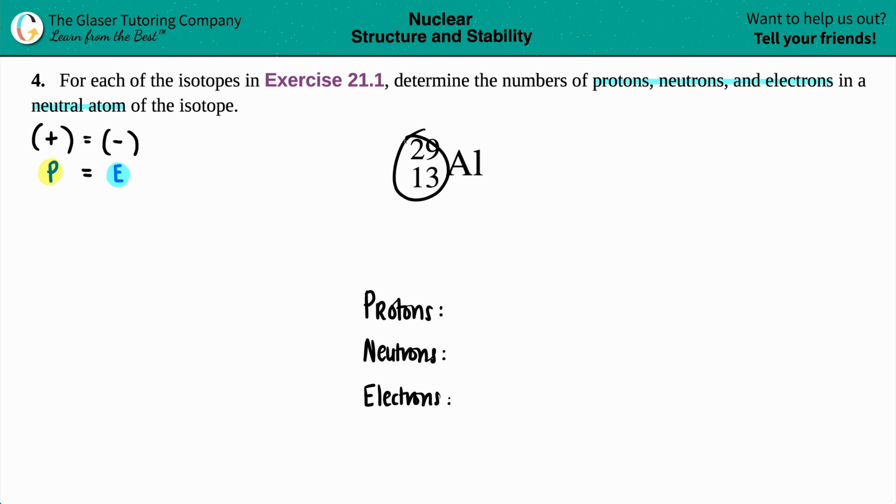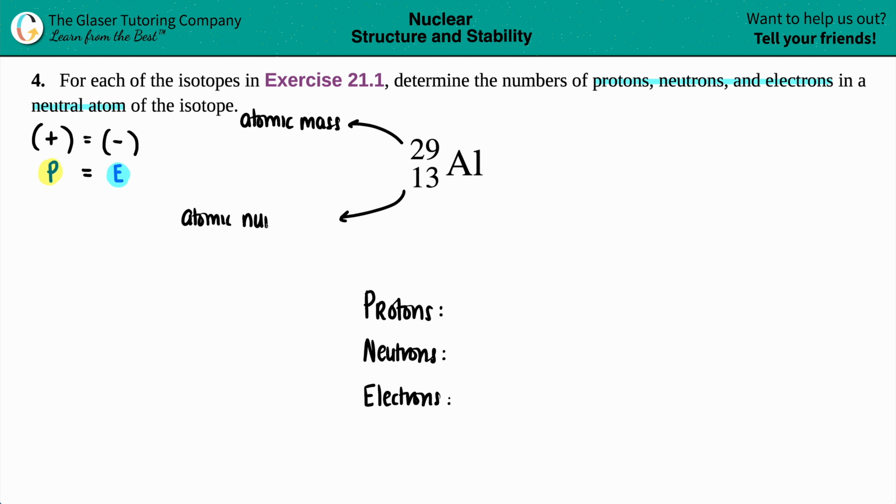Well, here are the two numbers that they give us, right? We got a 29 up on top and a 13 on the bottom. The number on the top, or the higher number, is always going to be the mass number, or we'll say here, atomic mass. The smaller number of the two is always going to be the atomic number.